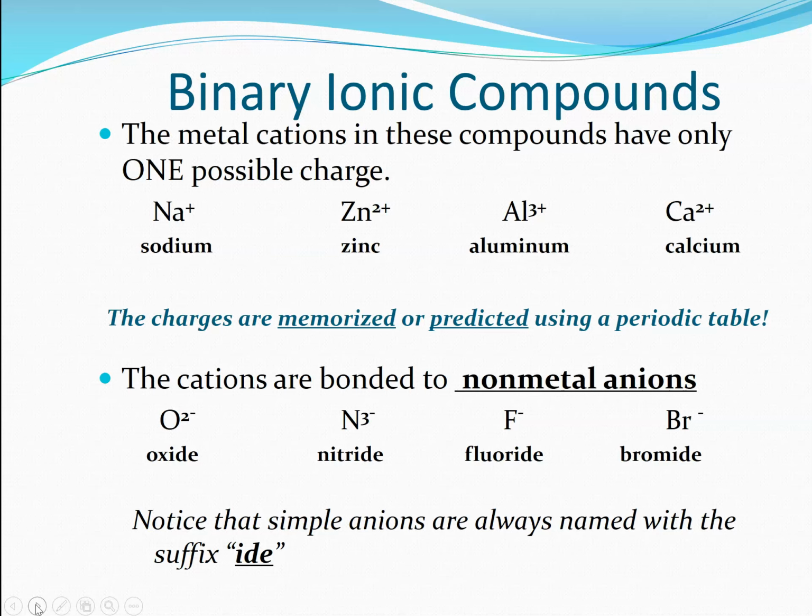Now, one main thing, and I put a star next to this: notice that the simple anions are always named with the suffix -ide. So when you're writing out the name, drop the ending of the nonmetal and add -ide. Again, put a star next to this. This is very important.